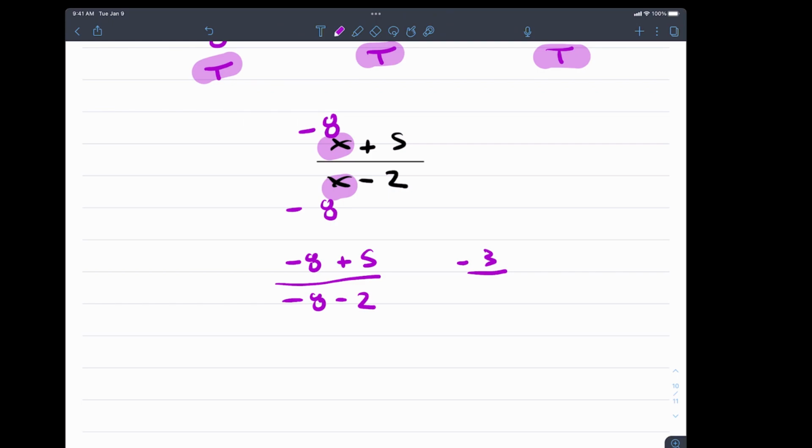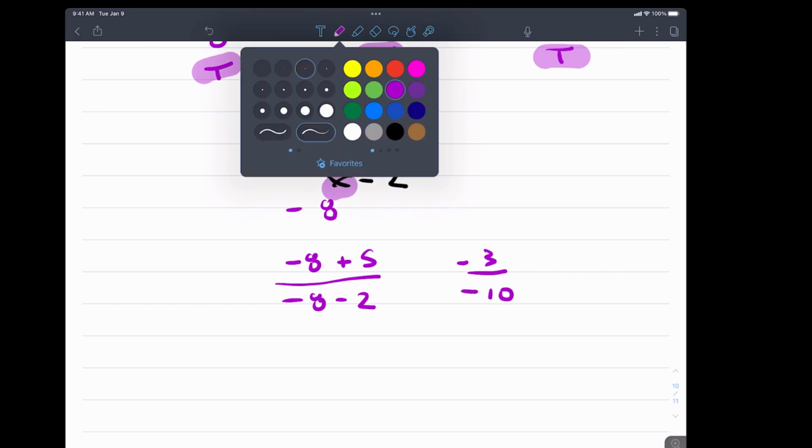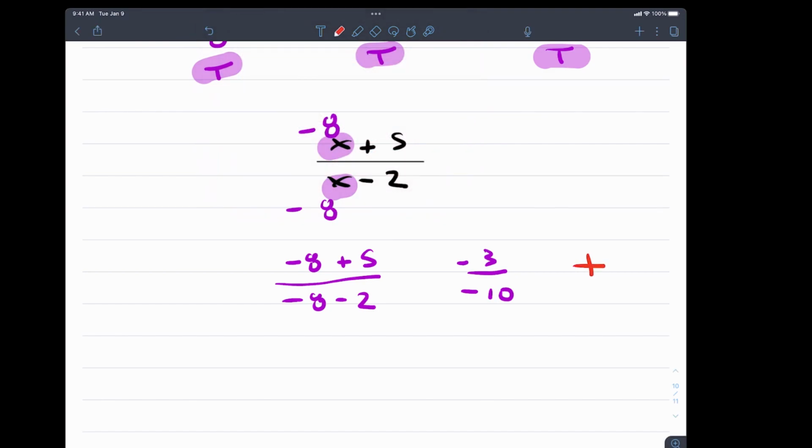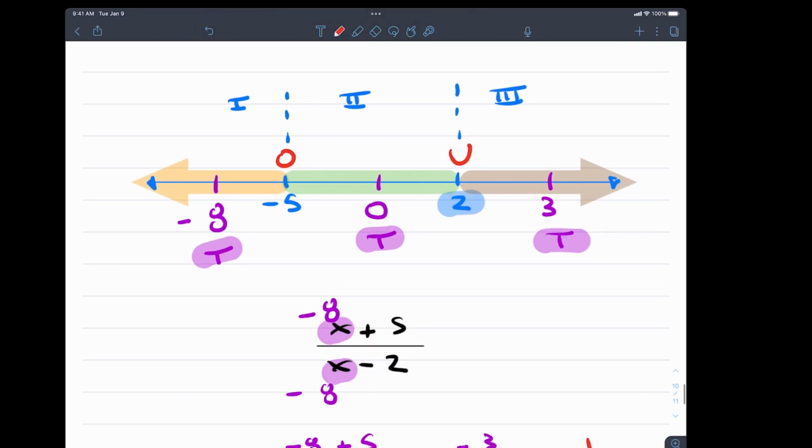What's -8 minus 2? What's a negative over a negative? Positive. Region 1 is, in fact, what? Positive. Okay, so we tested region 1. It's positive.